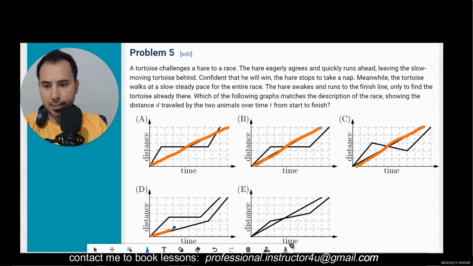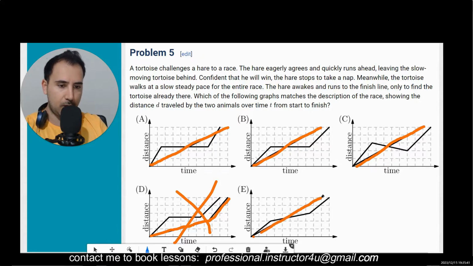At this point, even the turtle is changing speed, which is not going to work. But this one is also the tortoise. We have one that is like this. So only D is out with this sentence. D can't be the answer.